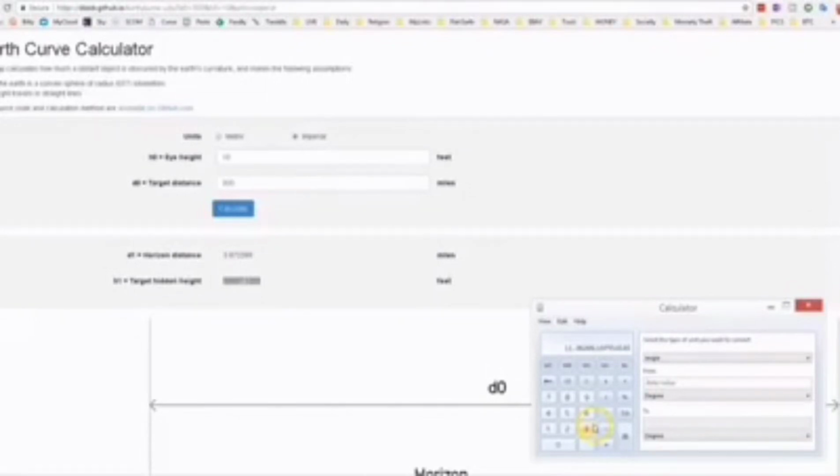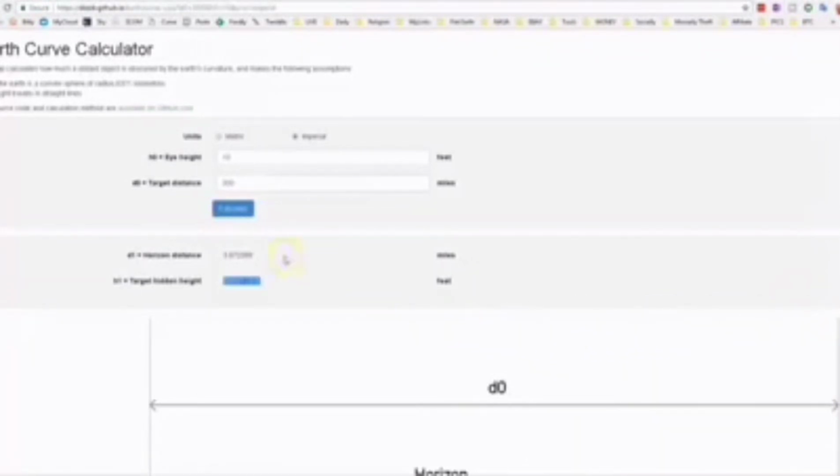If that's true, then we really need to pay attention here, so let's put that into the curvature calculator. And what do you know, with 10 feet observer height, looking at 300 miles, you would have over 11 miles of curvature. Ladies and gentlemen, there are no mountains over 11 miles or anywhere close that are going to be seen in Antarctica from over 300 miles away, or 300 miles, or 250.